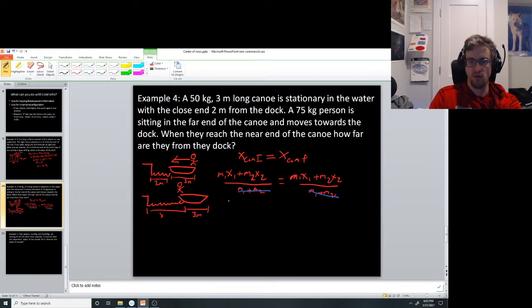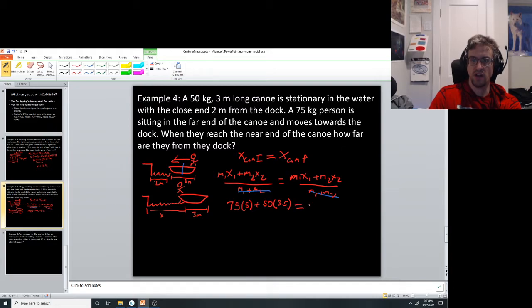So I'm going to say M1, that's my person. Let's say that's 75 kilograms, and their location, I'm going to measure from the dock, is 5 meters. And the canoe is 50 kilograms, and the center of it, where the center of mass is, is exactly 3.5 meters from the dock.